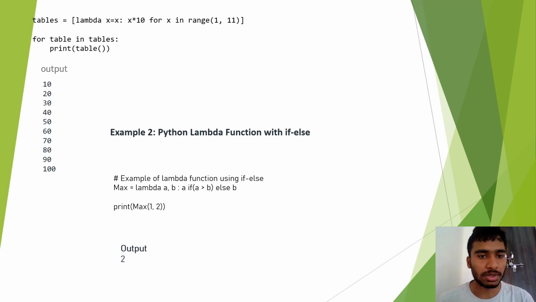This is one example, and this is the second example, with if-else conditions. Example of a lambda function using if-else: max = lambda a, b: a if a > b else b. print(max(1, 2)). The output is 2. This is another example using lambda functions. Let's go ahead.